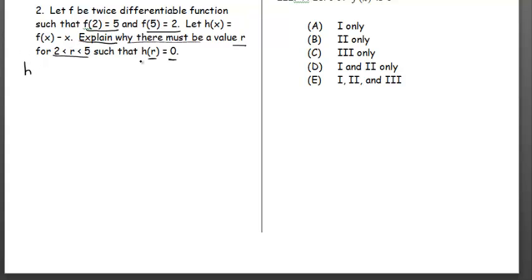So what we're going to do, because we're talking about the h function, is let's evaluate the h function at 2 and evaluate the h function at 5. So consider this your a value and your b value, your smallest x and your biggest x. All right, so h of 2, well, here's h, here's 2, that's the input, so it's going to be f of 2 minus 2. Everywhere you see x, replace it with 2.